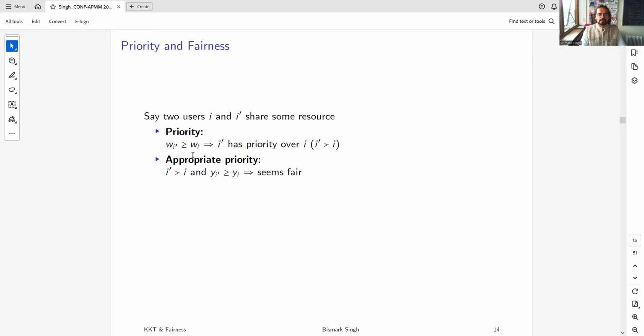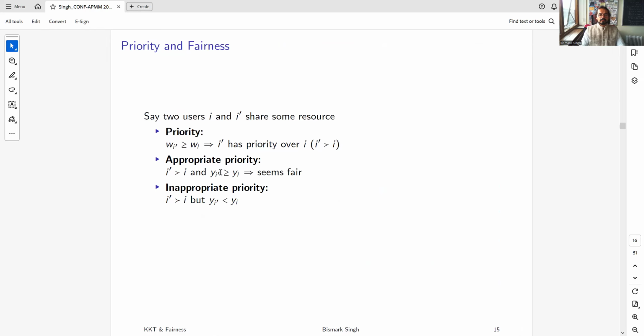So this priority will be an appropriate priority if the final coverage of this user is also larger than that of another user who had a lower weight. So once again, there is a priority, and the final coverage is also in that same order. So this makes sense. User i prime deserved more, and he got more. So that has a notion of priority.